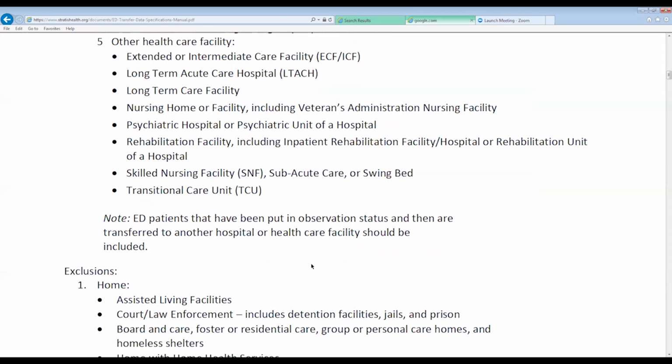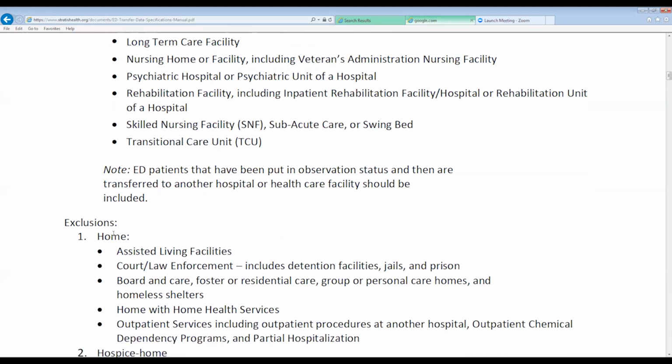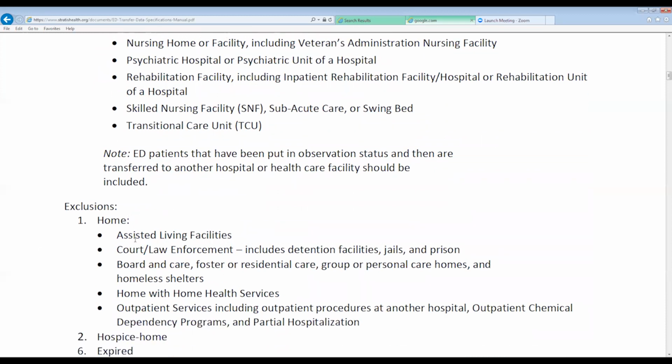I'll come back to this note later, but for our purposes for abstraction, home would be discharged or transferred to any facility called assisted living, court or law enforcement. So if they were transferred to jail or prison, any kind of detention, if the documentation said they were going to board and care or a group home, or if it was a homeless shelter, that's considered home for abstraction.